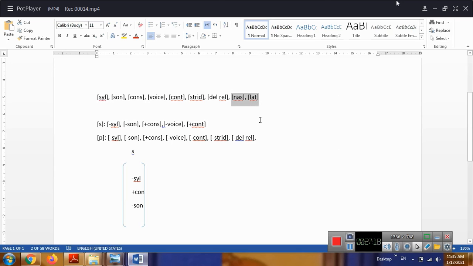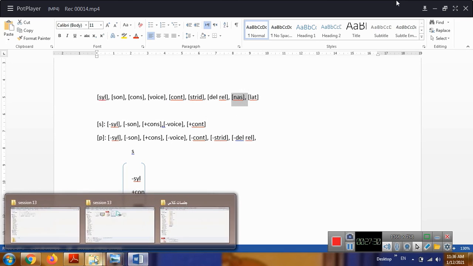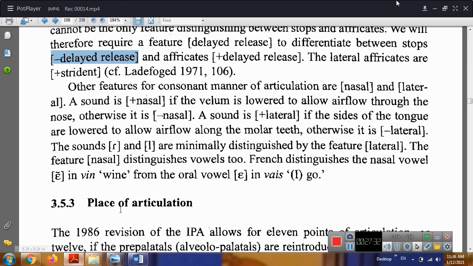And for lateral, we have just le. Therefore, all of the sounds are minus lateral except le, which is plus lateral, and all of the sounds are minus nasal except ne, me, and ng, which are plus nasal. They are very important.